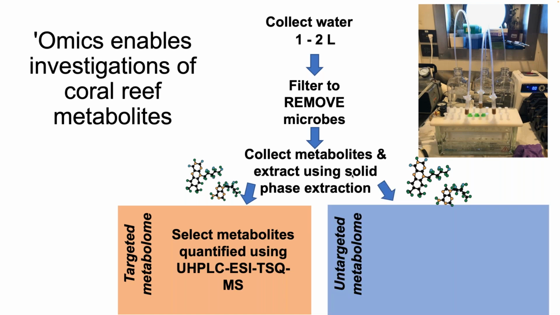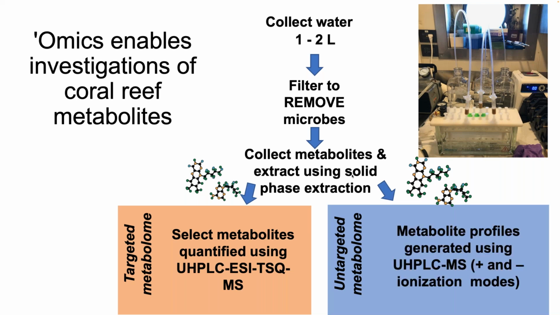The other method that Liz's lab does is untargeted metabolomics. Basically, this looks at all of the metabolites that are extracted in that sample, again using mass spectrometry based techniques. What this gives us are traces of each metabolite in the sample.